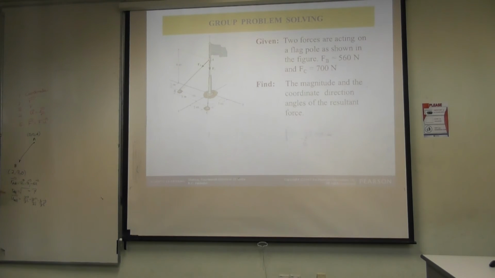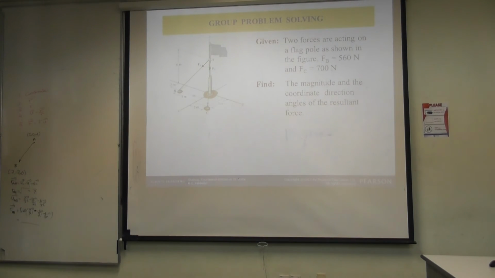You follow? So then F AB will be, what is the value? 560. So 560 times this whole thing, 2 over 7 i minus 3 over 7 j minus 6 over 7 k, and you can simply calculate the answer there, right? Anything not clear? Basically this is the same cycle as before.